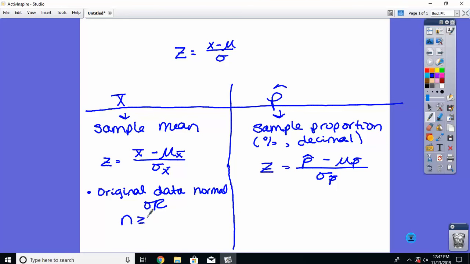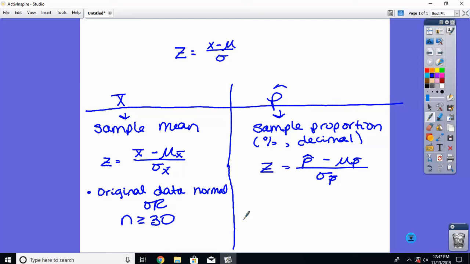If I say it's normal, or if your n is greater than or equal to 30, we can assume it's normal. So when I say describe the sampling distribution for x bar, I'm asking you to mention that criteria. Either saying, okay, it's already normal, or, oh, my sample is bigger than 30, so it's going to be normal.